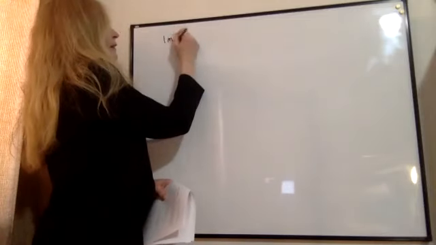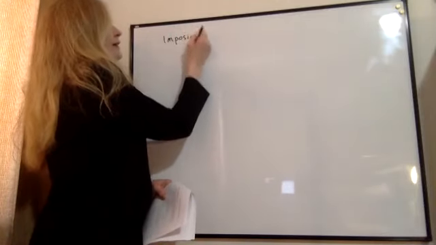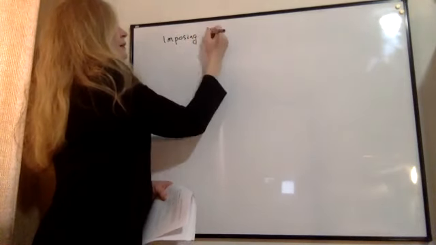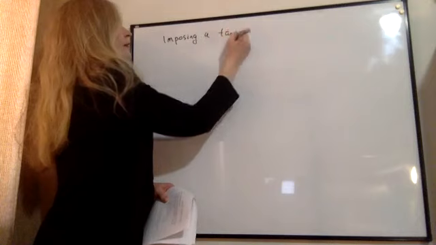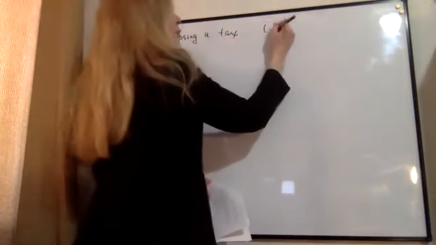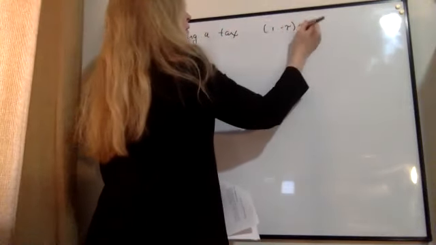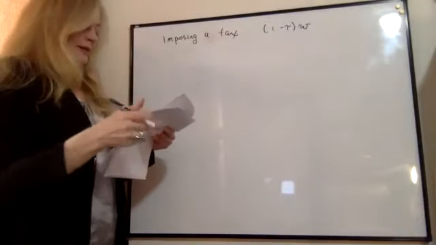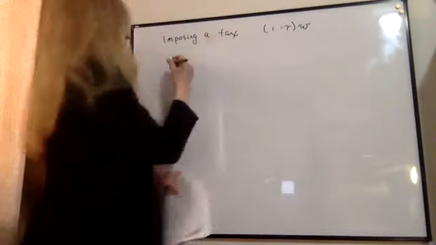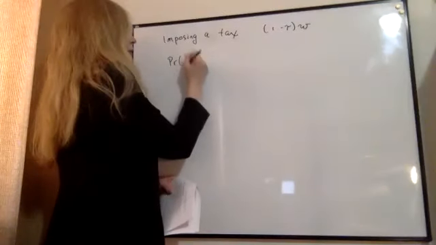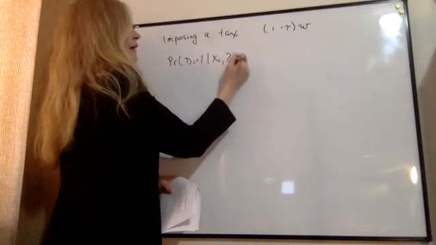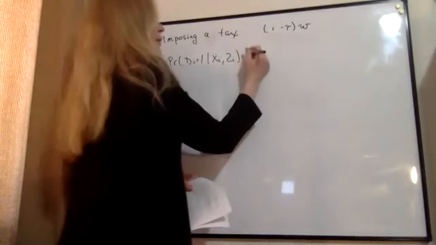So let's look at imposing a tax. I'm going to assume the tax is going to be 1 minus tau times W, so the wage you get to keep is tau times W. The probability you're going to work, given your X and your Z's, is the probability.